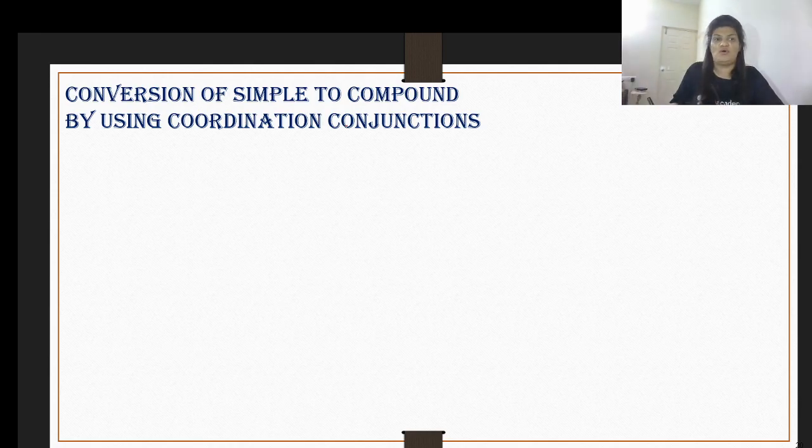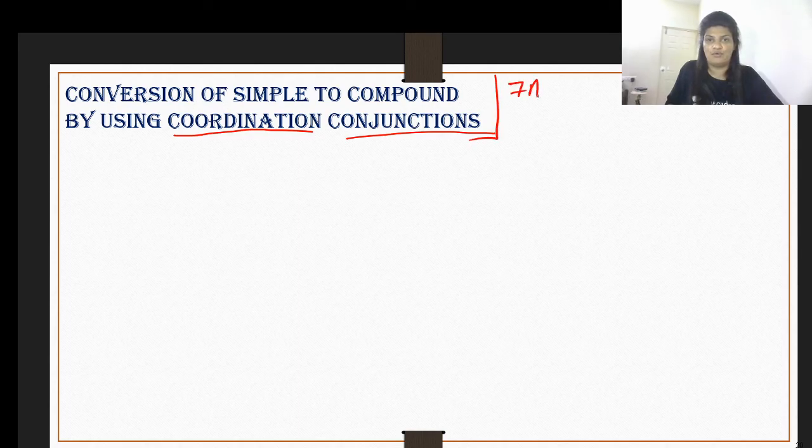We use coordinating conjunctions. And what are coordinating conjunctions? What is the acronym that you got to remember? The acronym is FANBOYS, where F stands for for, A stands for and, N for nor, B for but, O for or, Y for yet, and S for so.